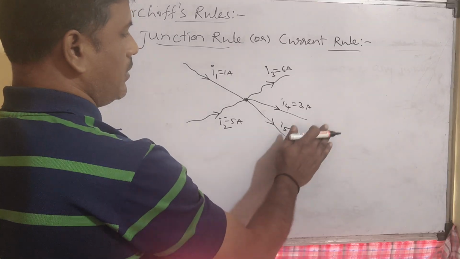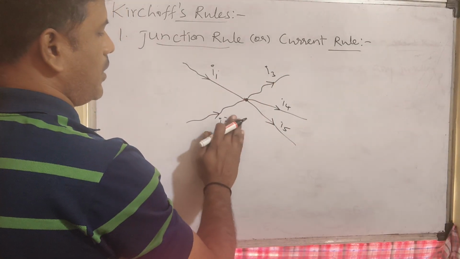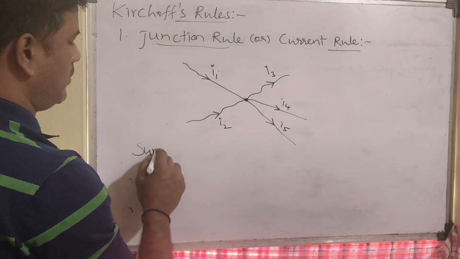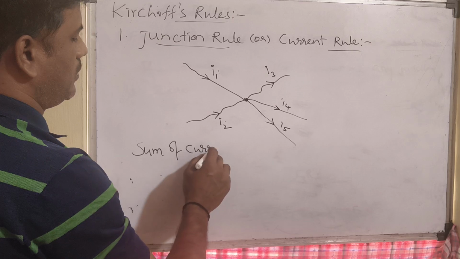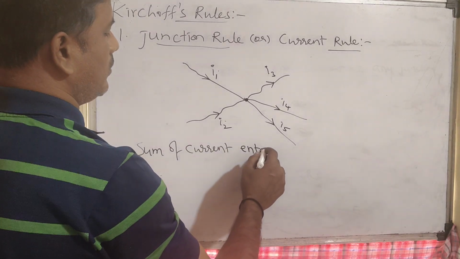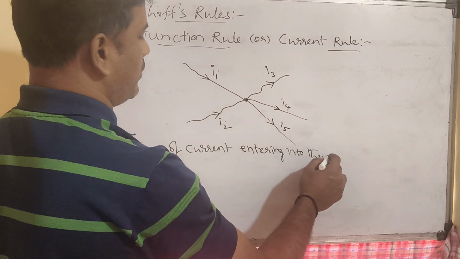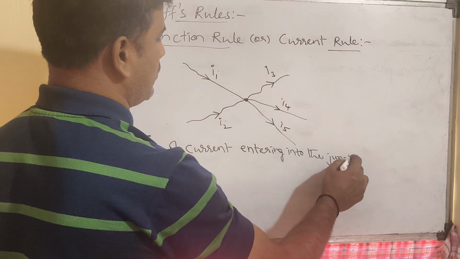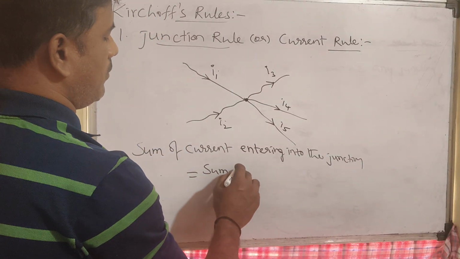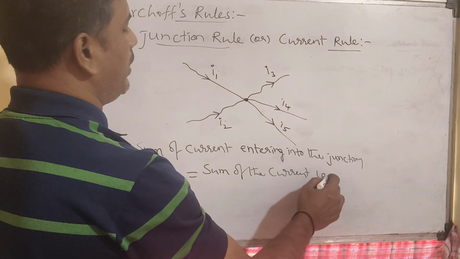Here we assume a sign convention like this. The sum of the current entering into the junction is equal to the sum of the current leaving from the junction.